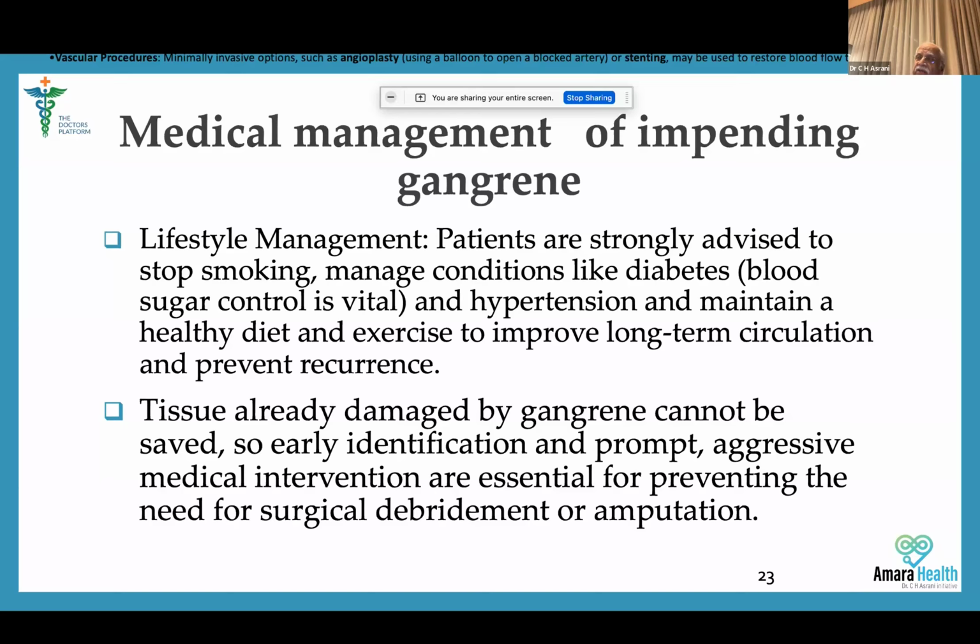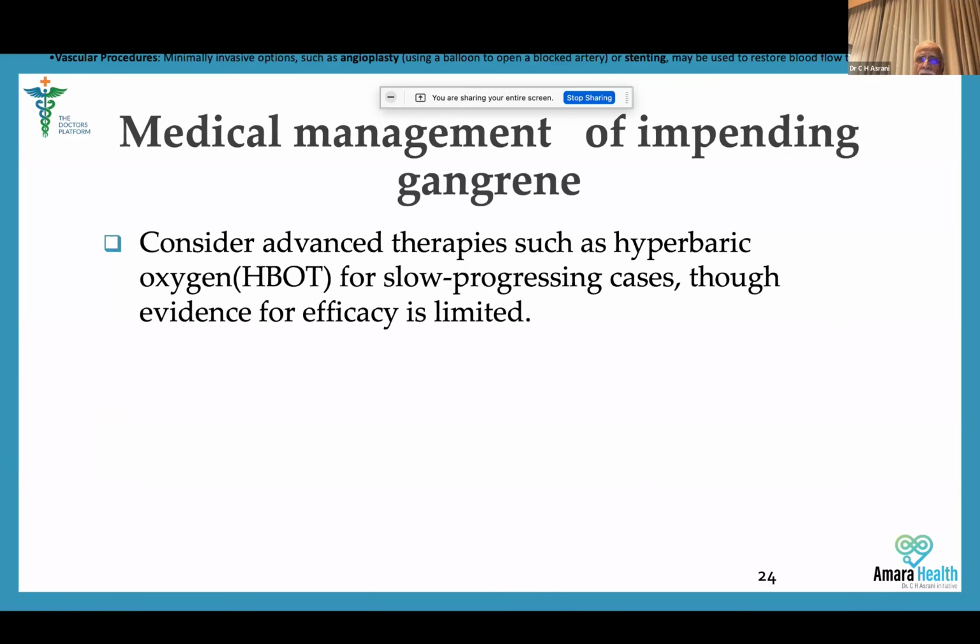So prevention is the only cure everywhere, but more so here. Hyperbaric oxygen may be considered, but the research does not say it is very effective, and availability also is limited.